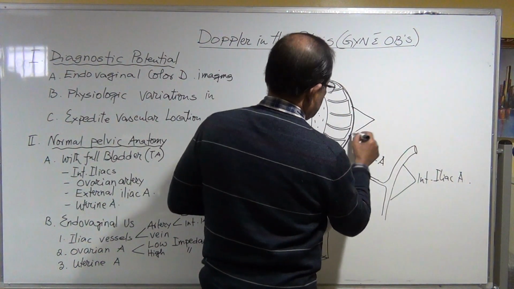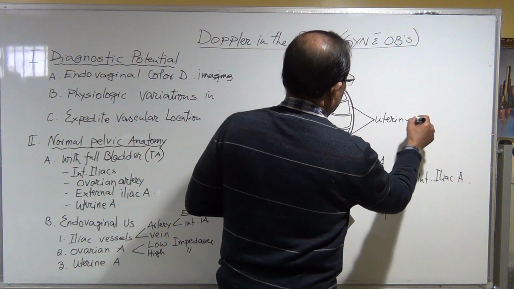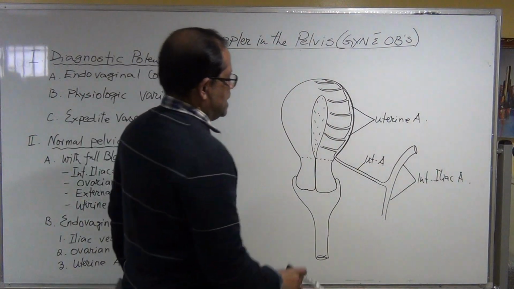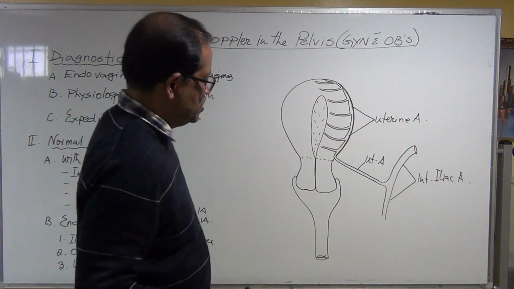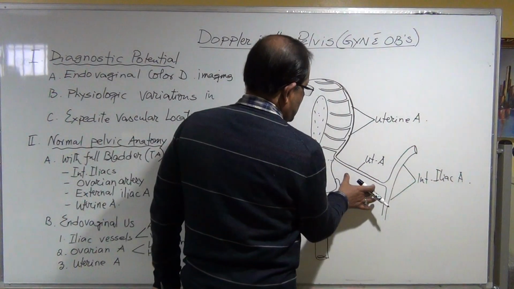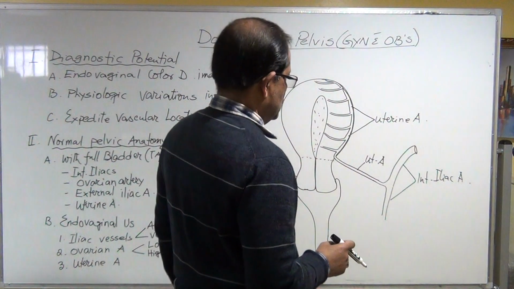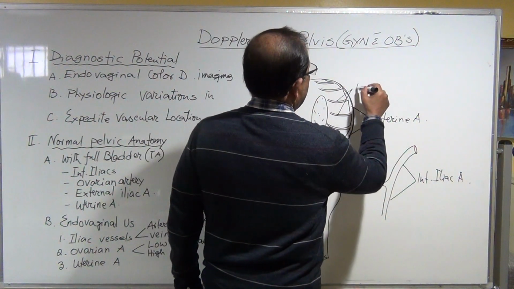This is also the uterine artery. So you need to evaluate the uterine artery outside of the uterus, part 1, and under the perimetrium there is part 2. So these are the arcuate arteries.